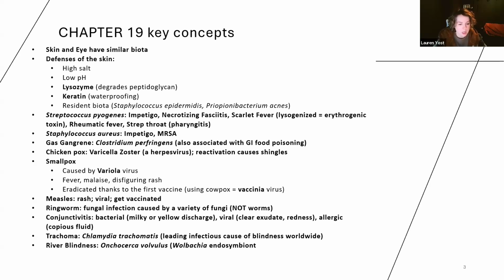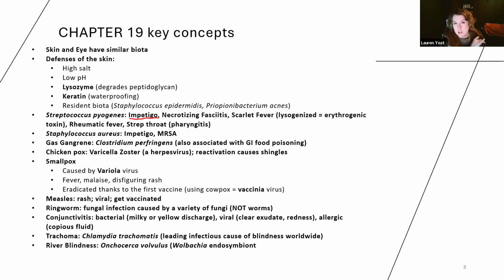So some of the illnesses that are associated with this chapter, we have impetigo, which is basically like a sloughing sort of disease of the skin. We have separation of the epidermis, cells sloughing off from the dermis underneath it. And impetigo is caused by exfoliative toxins produced by the bacteria.